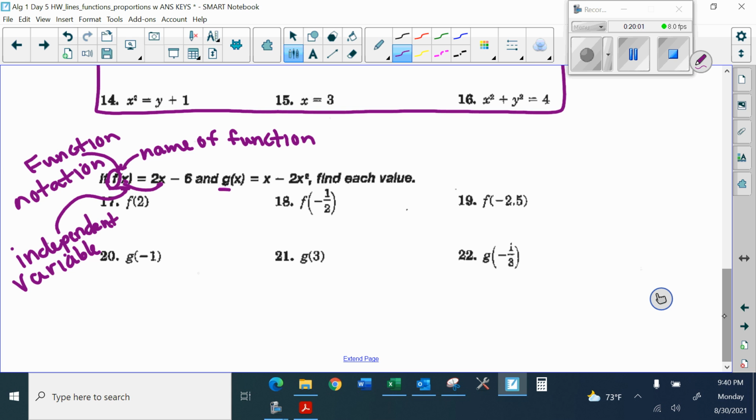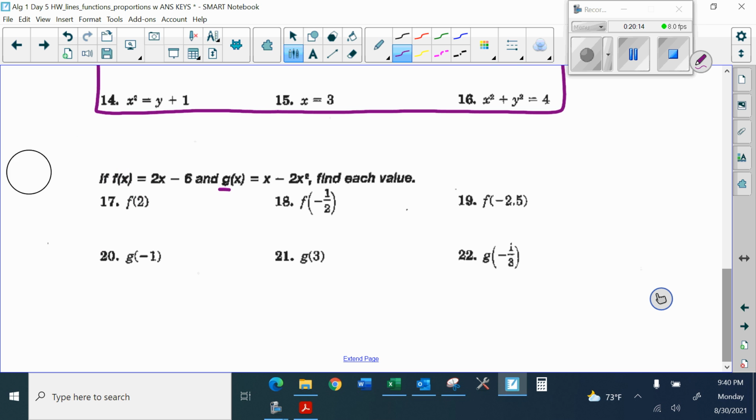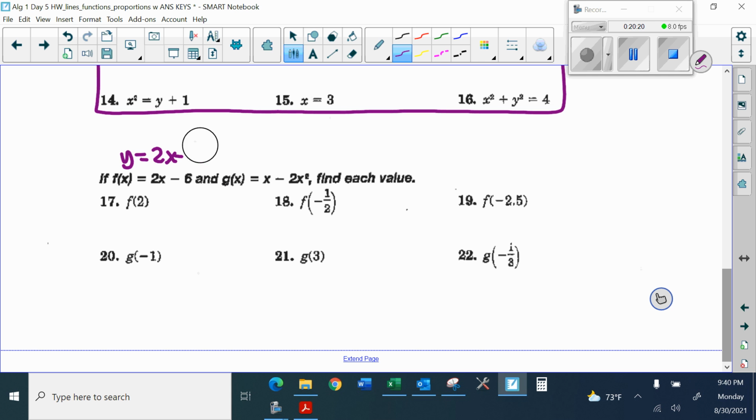Okay, so what the f of 2 means, it says for every x, plug in 2 in the f function, not in the g function. It says f of 2. It doesn't say the g of 2, so it only wants it in the f function. It's called function notation. It's almost the same as y equals 2x minus 6.